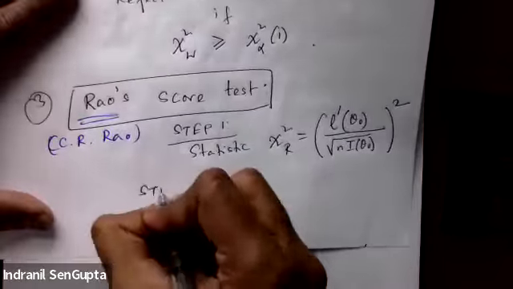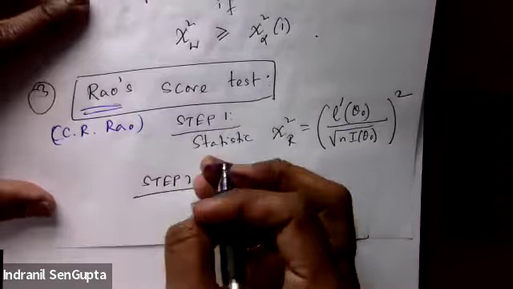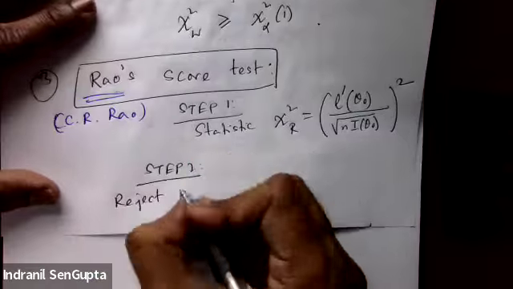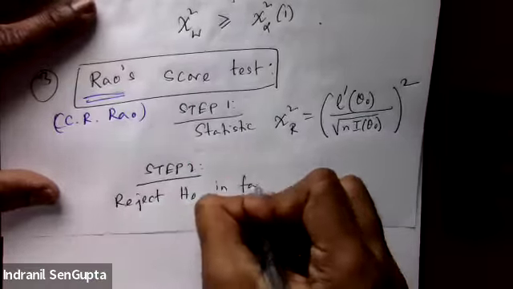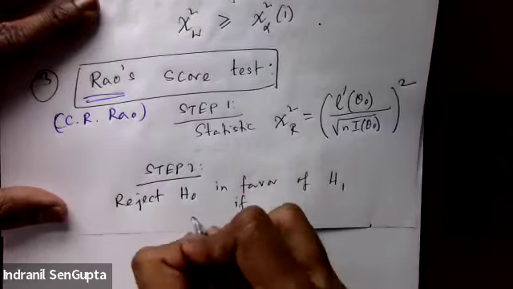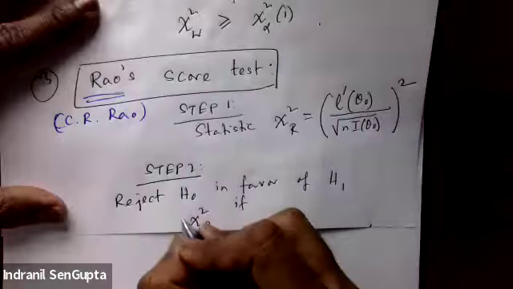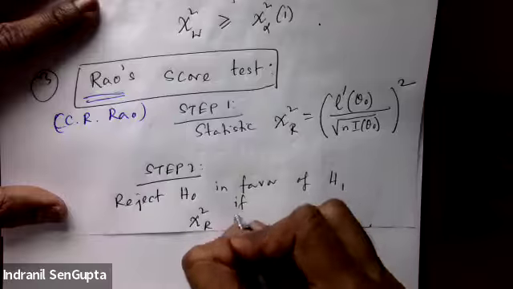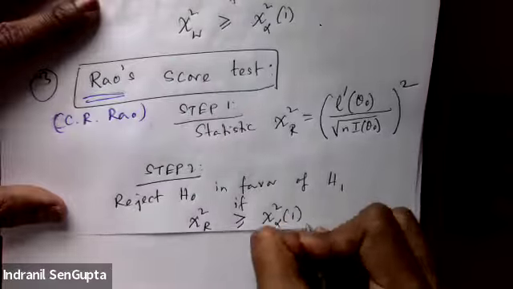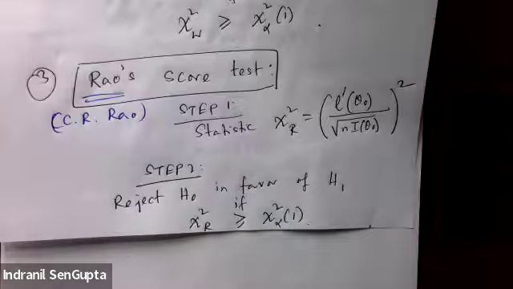And step 2, you decide to reject H0 in favor of H1 if chi squared R, so this statistic value, is more than chi squared. So this is the same as the Wald test. So these are the two other tests which can be useful in practice.